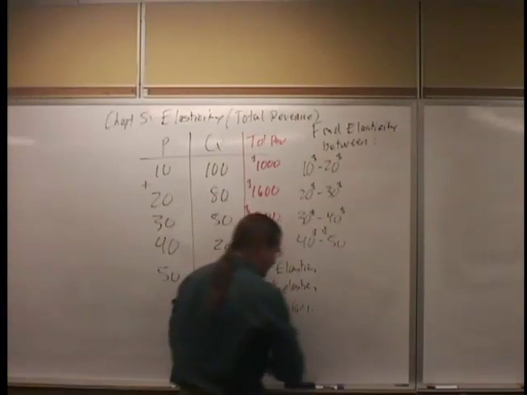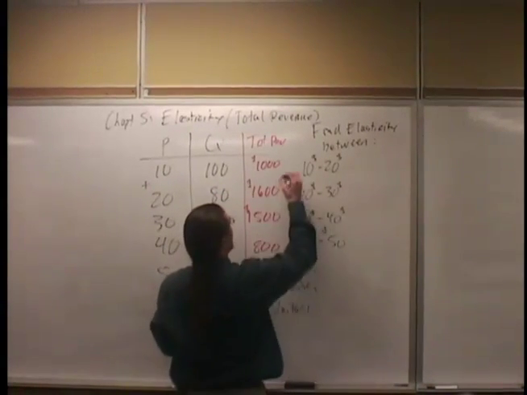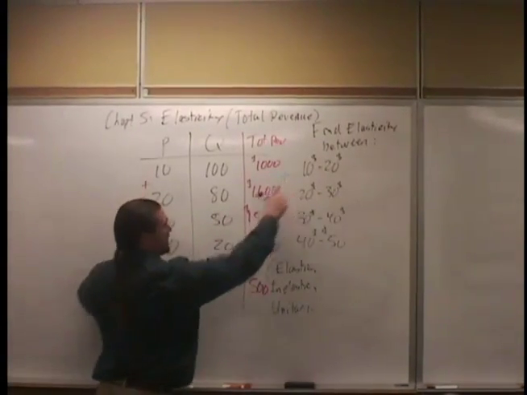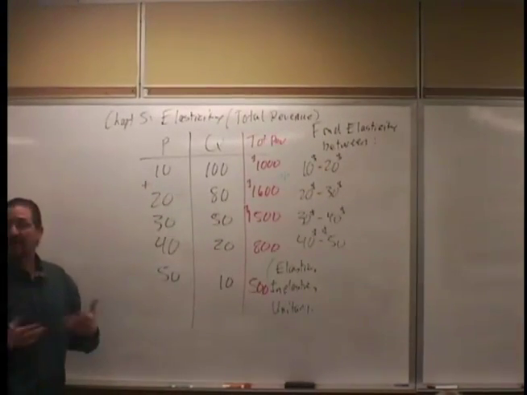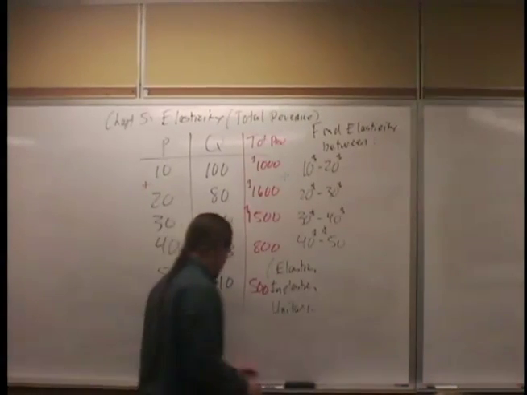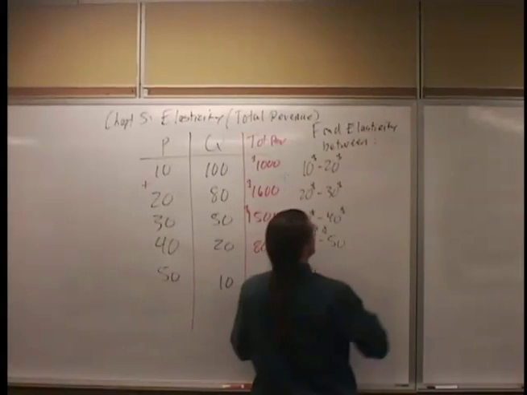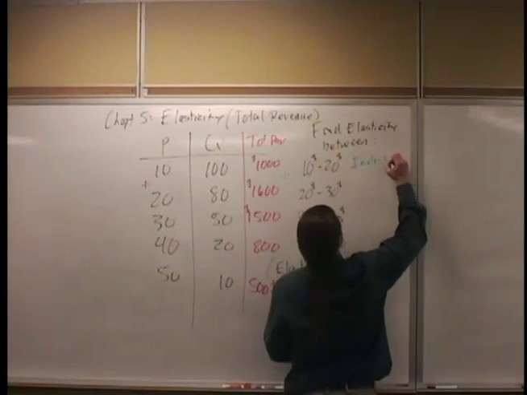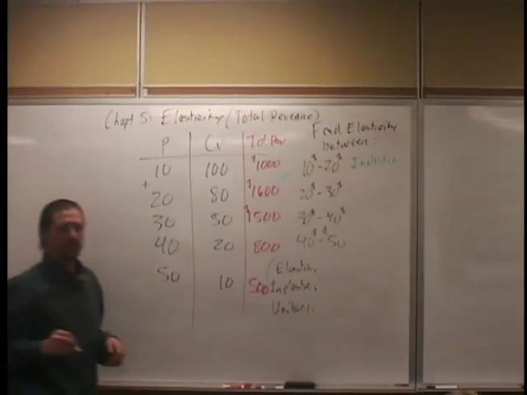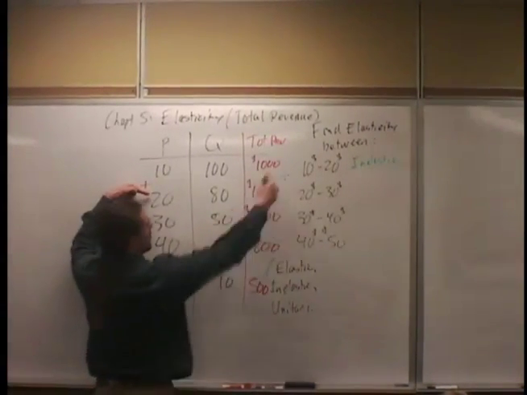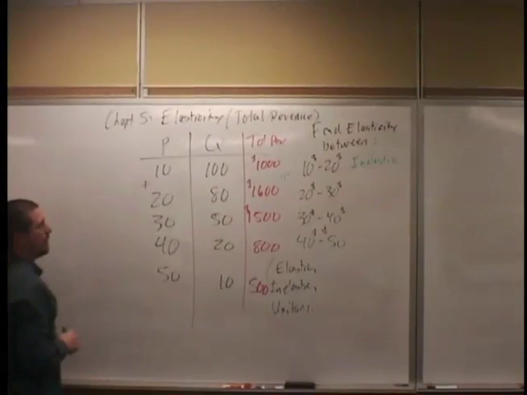It also went up. If both of these are the same sign, that means that they are going together. That means they are inelastic. So you would tell me that between $10 and $20, I'm inelastic. And it's purely because when this went up, this also went up.